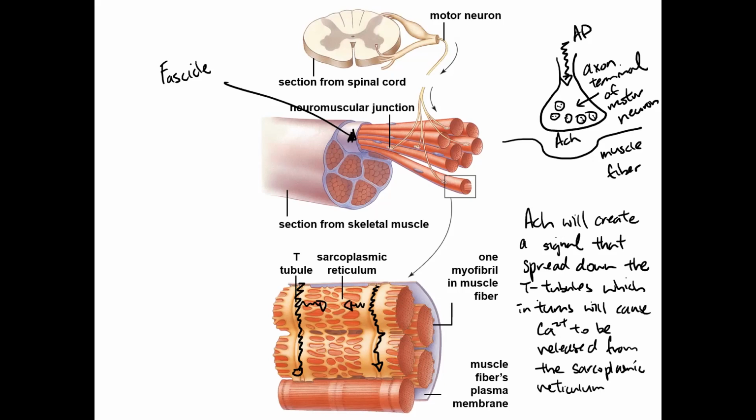Once the calcium is out, then you know what happens for the rest of the way, right? The calcium will bind to the troponin, roll away the tropomyosin, exposing the binding site, and then you're going to have contraction. All right, that is it. Any questions?